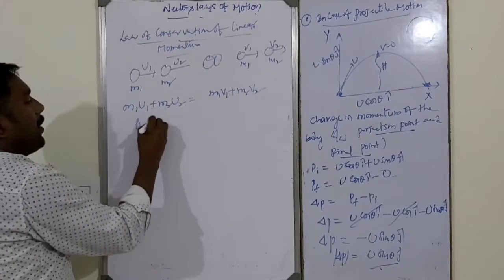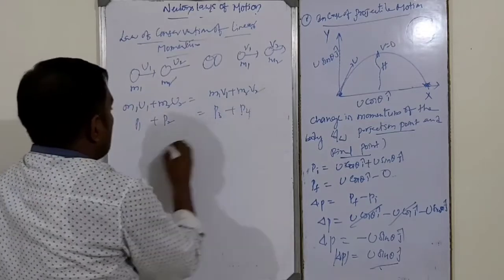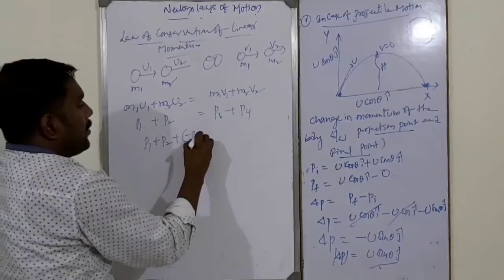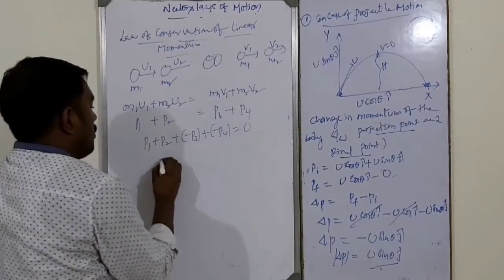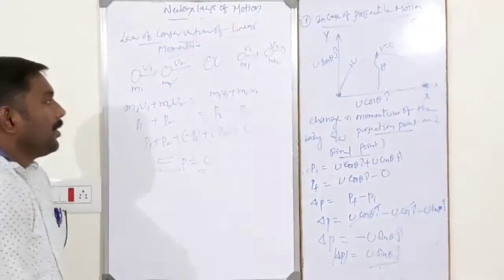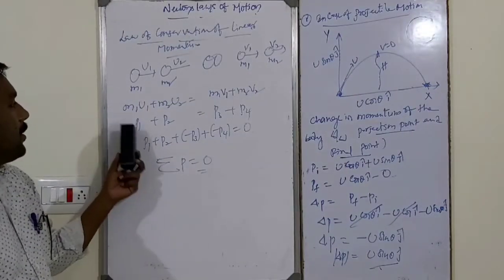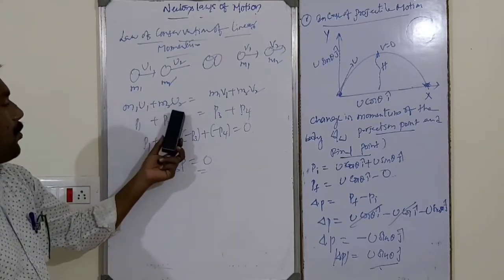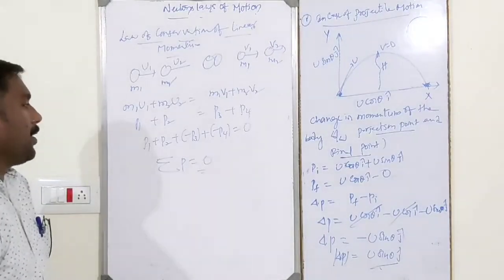So p1 plus p2 minus p3 minus p4 is equal to 0. By the law of conservation of momentum, the total momentum of the system remains constant; initial momentum is equal to final momentum.